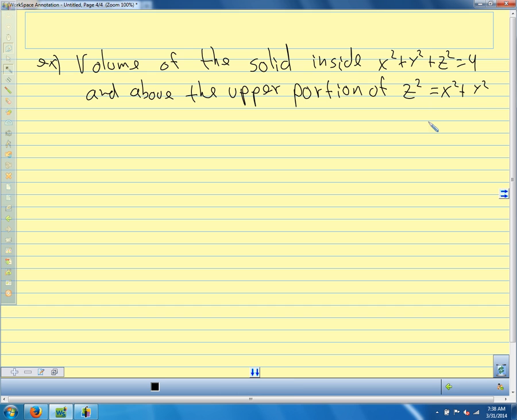First off, let's figure out what we're talking about here. X squared plus y squared plus z squared equals 4 is what? The sphere.